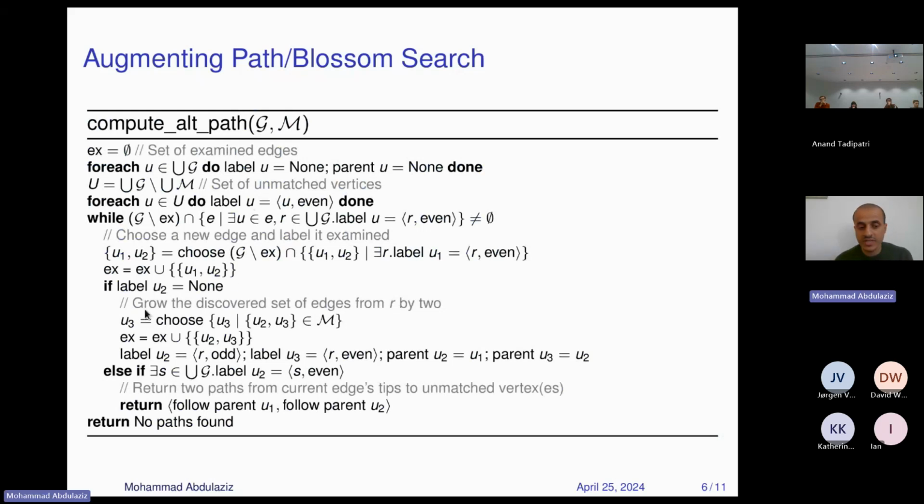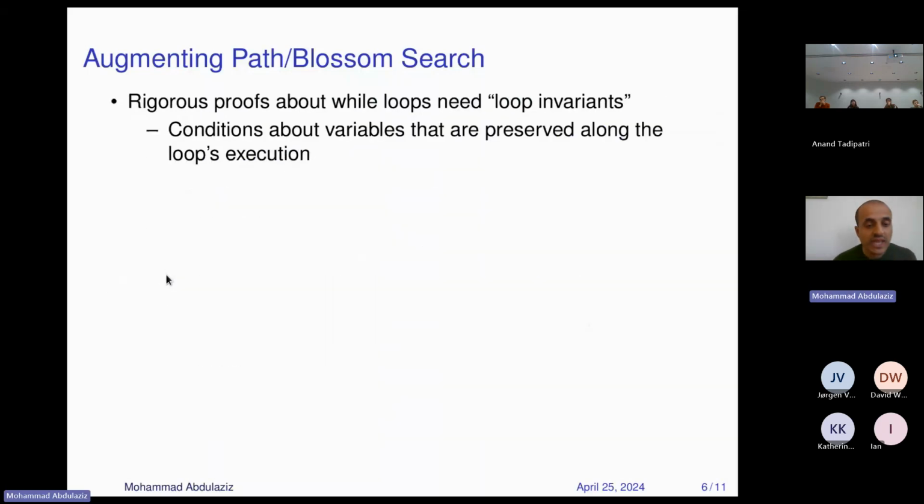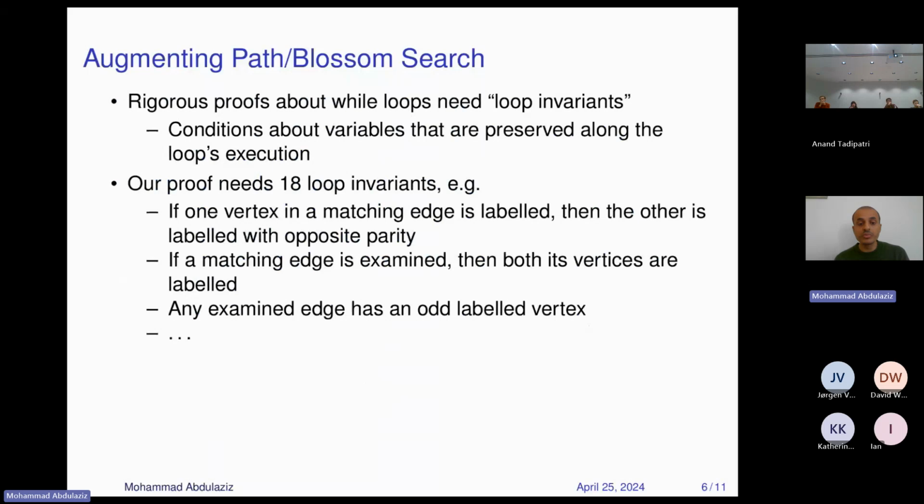For instance, in our case here, we want to show that as long as we execute this while loop, U1 and U2 will never have been processed before, because you only process fresh edges, and so on. But because this loop is rather complicated, the proof needed us to specify and prove 18 loop invariants.